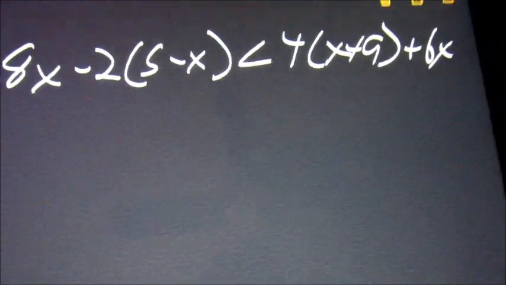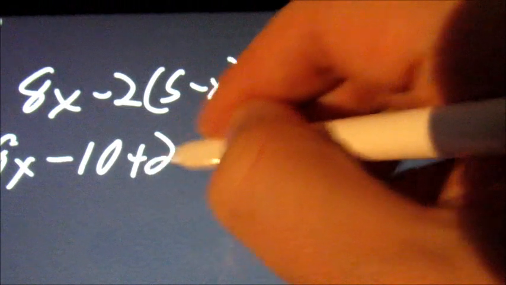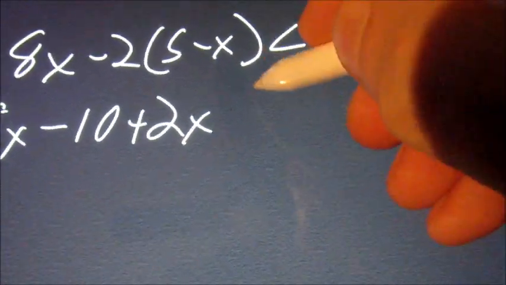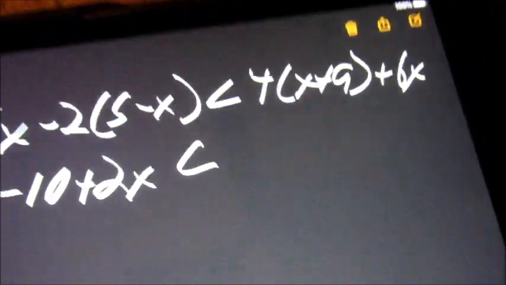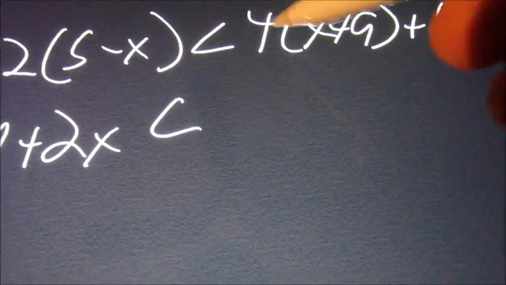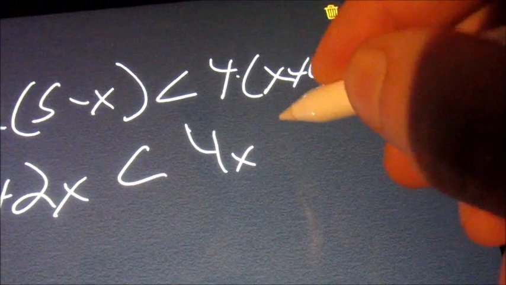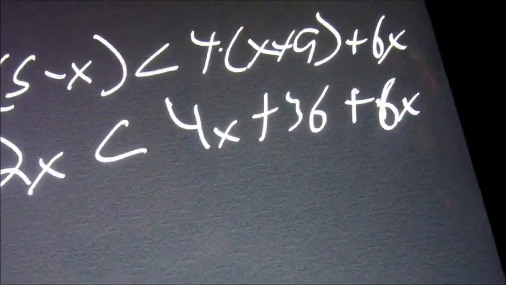So we're going to distribute. We're going to say 8x minus 10 plus 2x, because it's a negative 2 that we're distributing. We keep the negative sign because we haven't done anything that's moving from one side of the expression to the other. And then 4 times x is 4x. 4 times 9 is plus 36, and plus 6x.